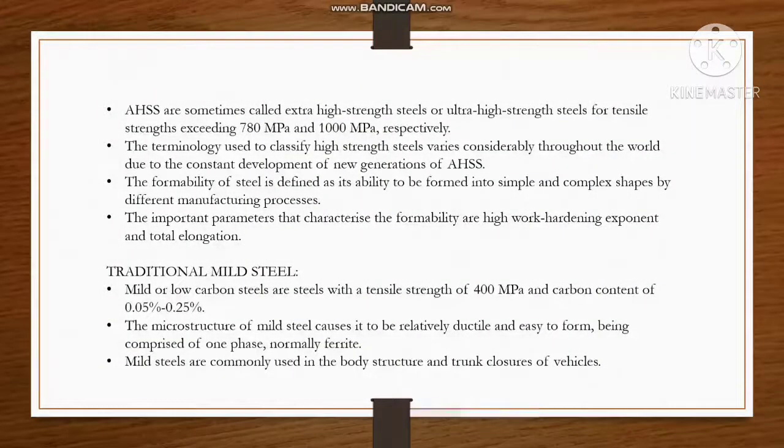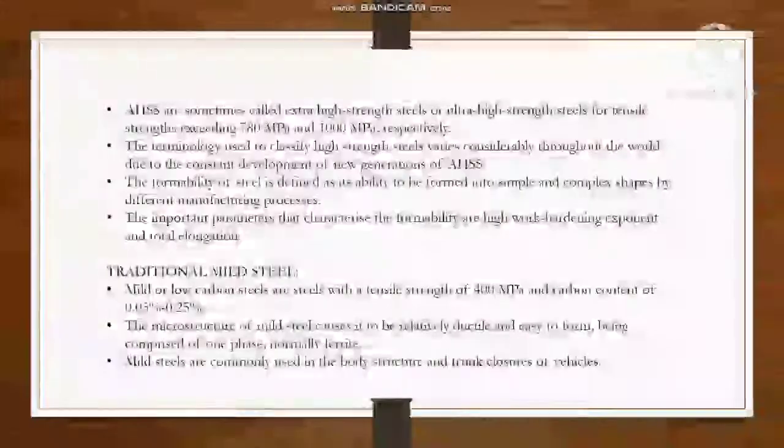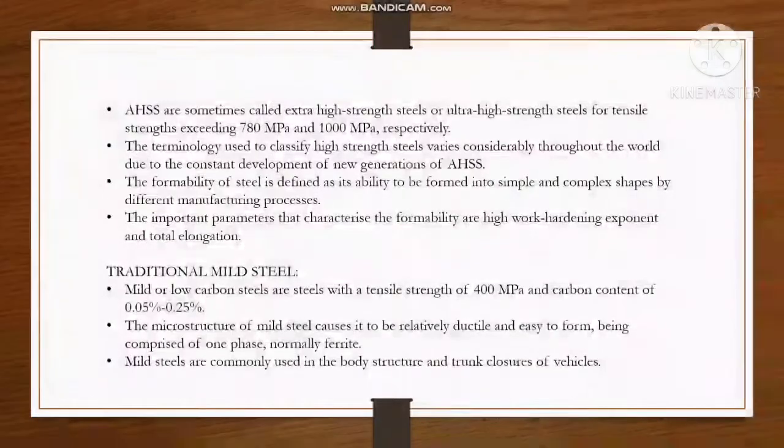Mild or low carbon steels have a tensile strength of 400 MPa and carbon content of 0.05% to 0.25%. Mild steels are commonly used in the body structure and trunk of the vehicle.